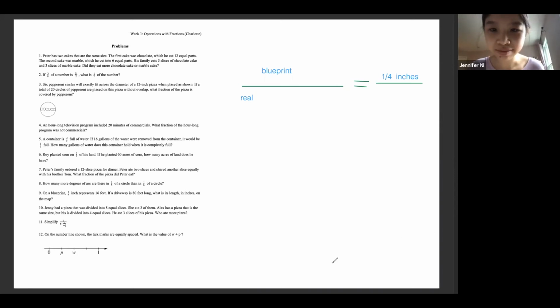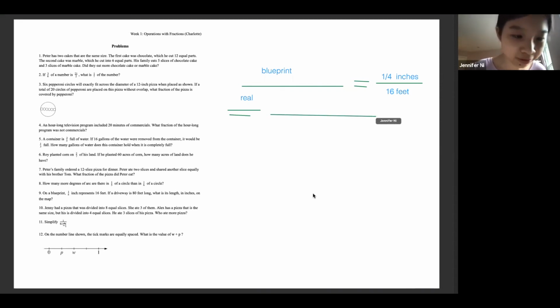And that is also equal to, but we have to find x over the 80 feet. So now what we can do is multiply by 80 feet on both sides.